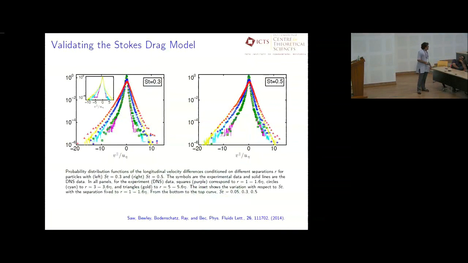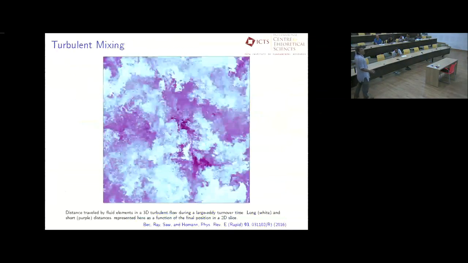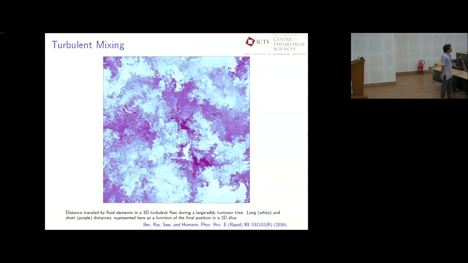So let's come back to the questions about how valid these equations are. Yes, there is a notion of clumping, but here clumping is not the effect because it's a scalar field. These are like tracers.